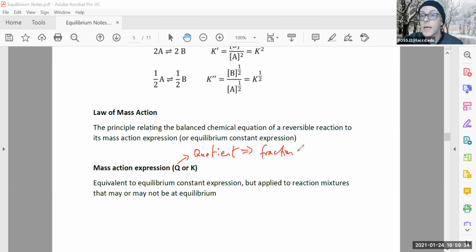And we saw that the equilibrium constant is a fraction. So Q is not a constant. K is a constant. And we can start to refine some of the diagrams we saw earlier in this video when we look at the difference between Q and K.